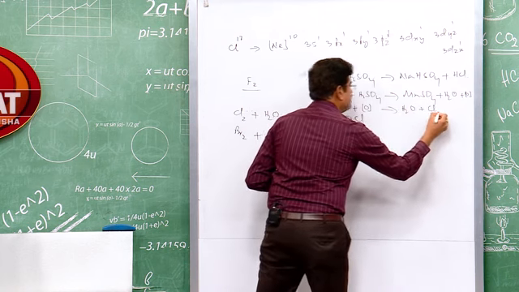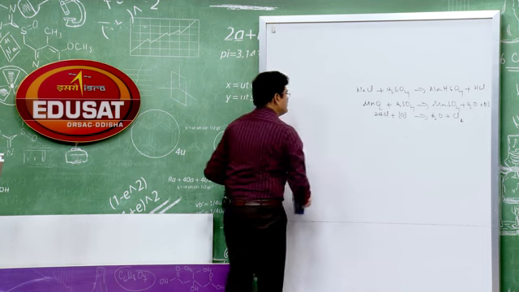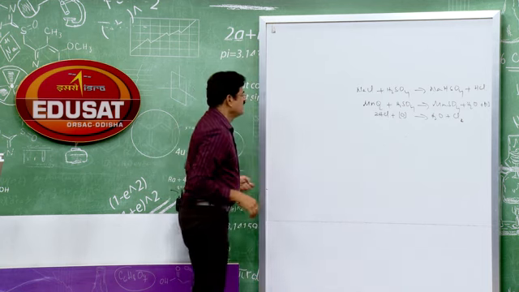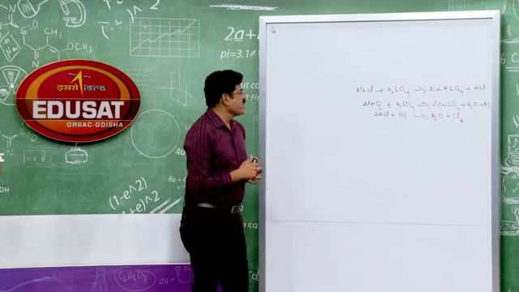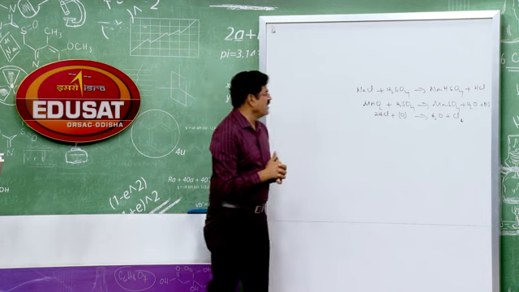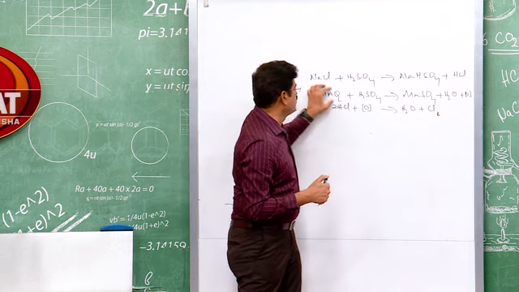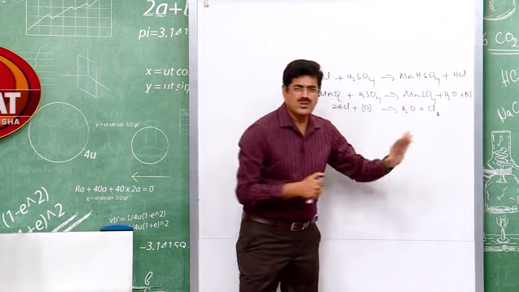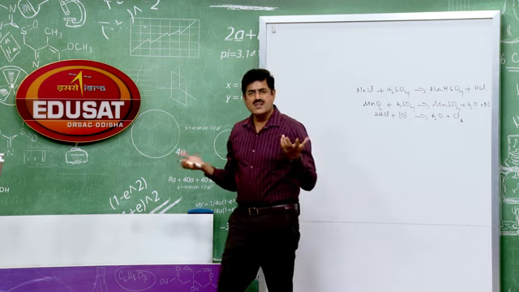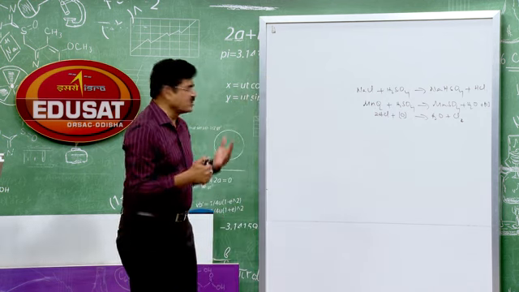So H2SO4 reacts with NaCl to give HCl gas. That HCl is then oxidized by the oxygen liberated when MnO2 reacts with H2SO4; the nascent oxygen oxidizes HCl to chlorine. This is the reaction. Chlorine can be prepared in the laboratory by this method.